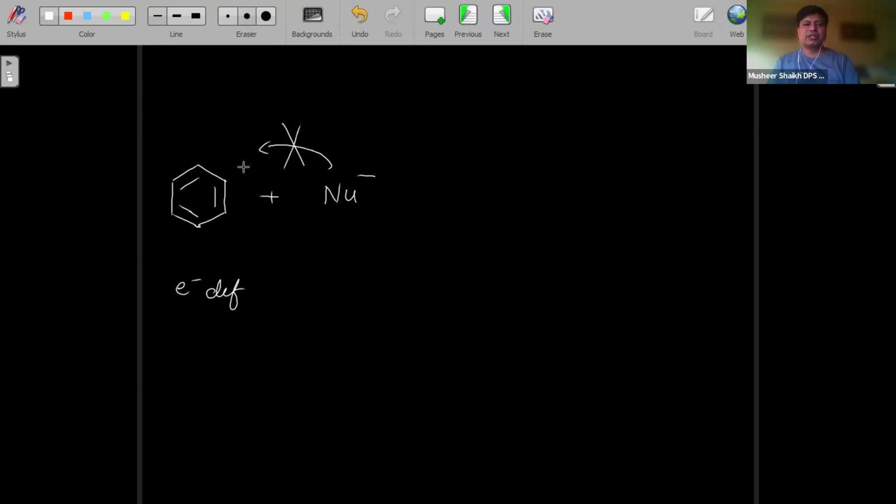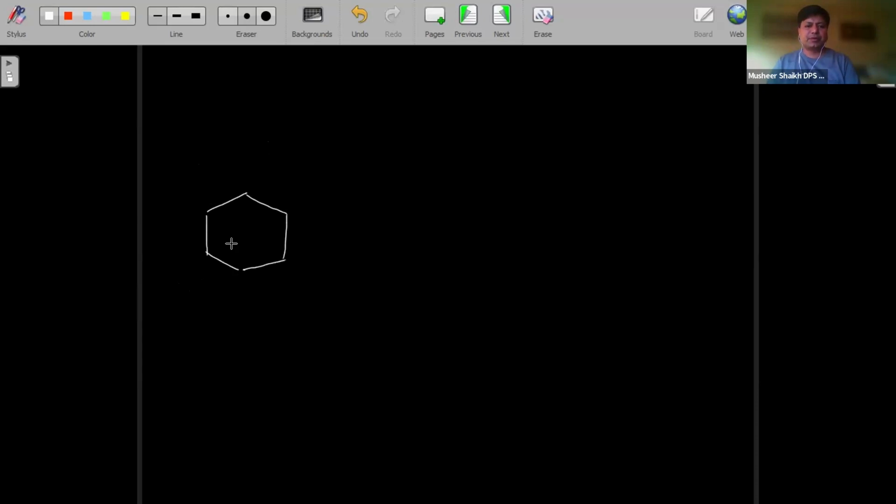Why? Because if you look at the structure of this benzene, and how the double bonds are formed. This is the pi orbitals of the carbon, which is forming the double bond.